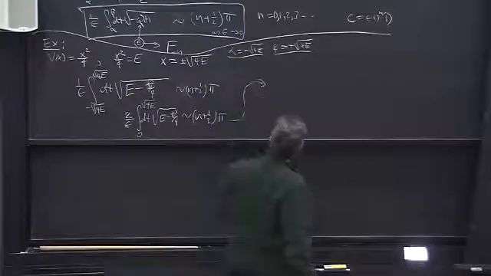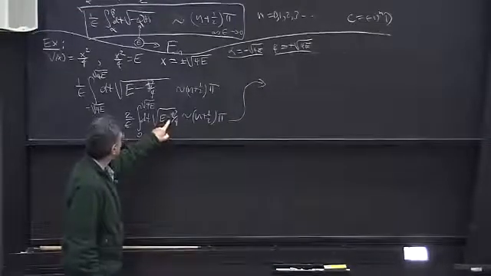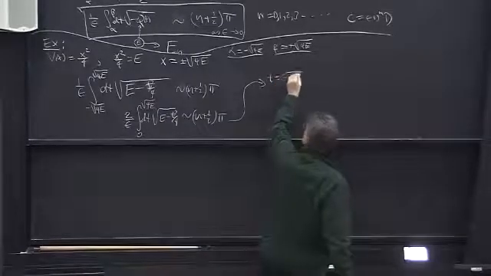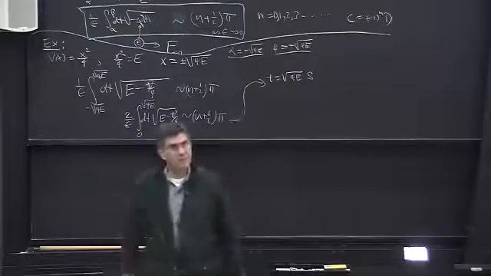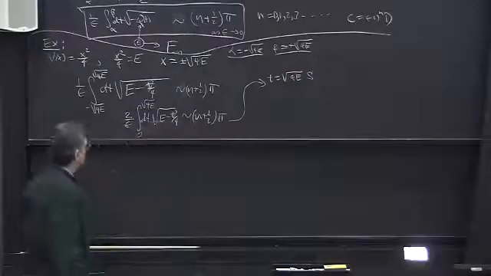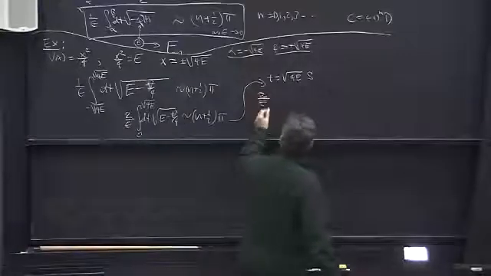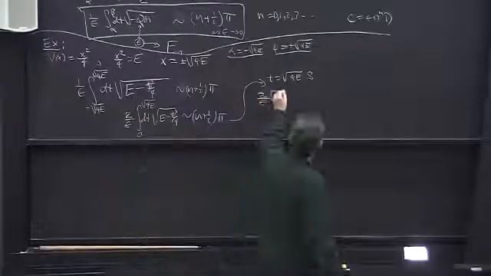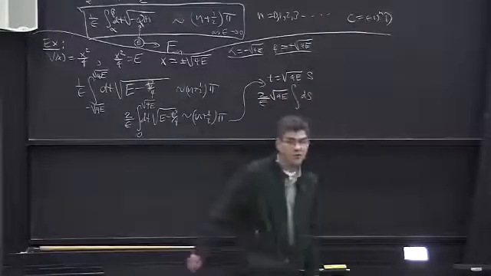Let's make the substitution, instead of integrating over T, let's say T is equal to the square root of 4e times s. Little change of variables there. So that gives me 2 over epsilon, and dt becomes the square root of 4e times ds.